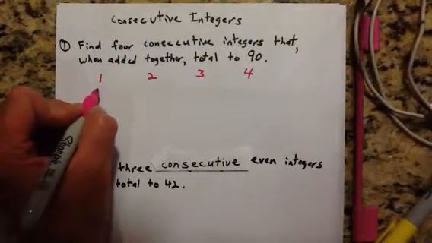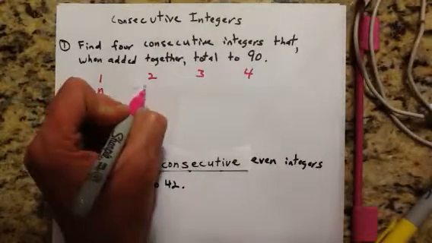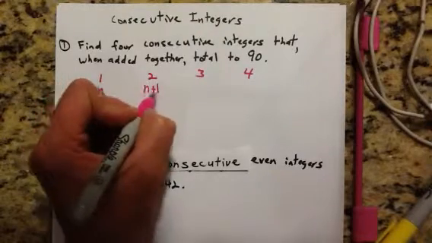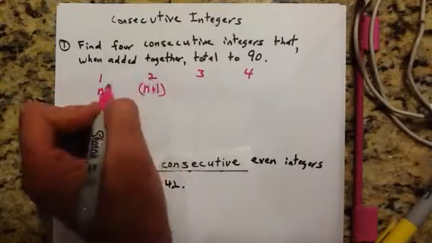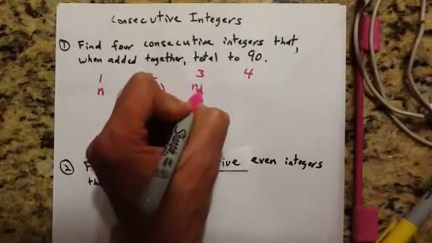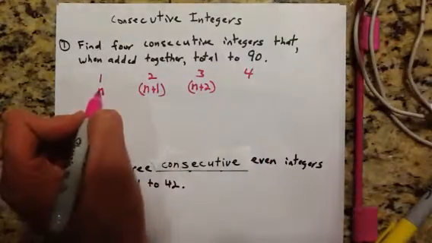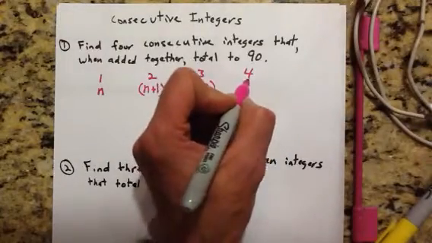So if the first number would be n, 2 is the next number. 2 would be 1 plus 1, so n plus 1 is 2. And then 3 is 2 more than 1, so n plus 2 is the next one. And then, like I said, n represents 1, so n plus 3 would be 4, or 1 plus 3 is 4.